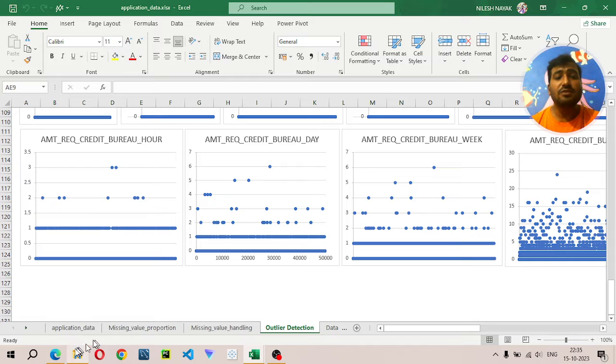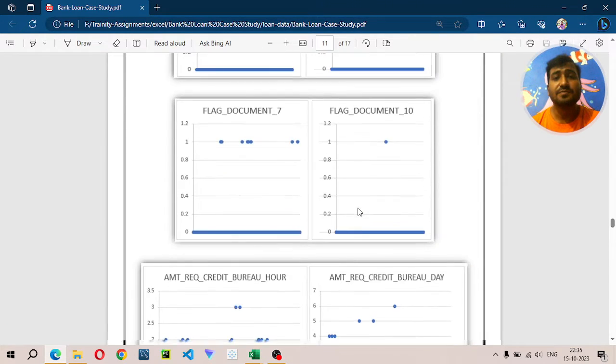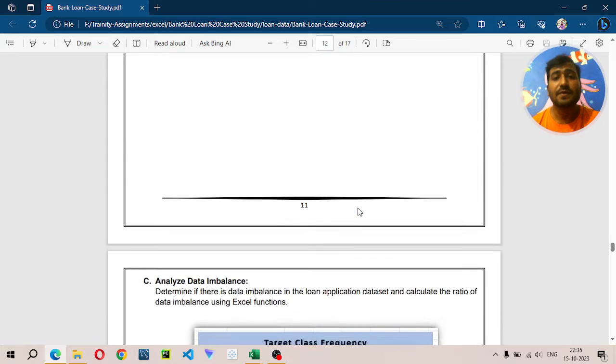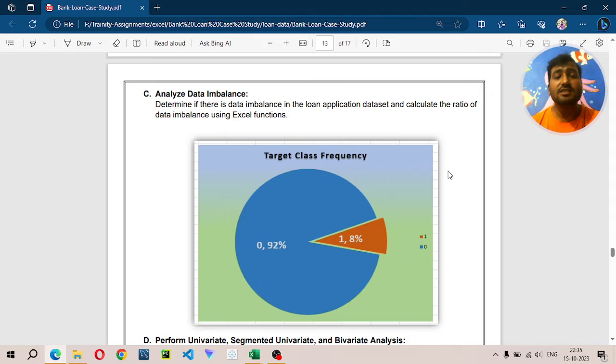Now coming to the third task. The third task was to analyze the data imbalance. Data imbalance is performed on the target column only, because we want to know how much data belongs to which classes, so that there is no bias while using the machine learning model or any predictive model.